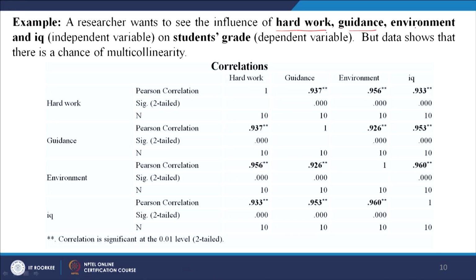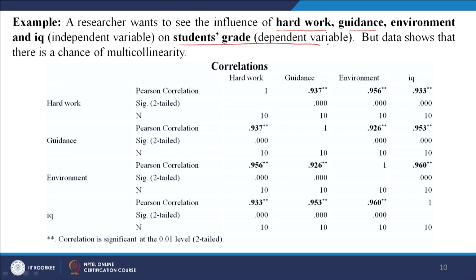Now, let us look at this. A researcher wants to see the influence of hard work, guidance, environment and IQ on students' grade. So, what is the dependent variable? Students' grade, right, and these are the independent variables.